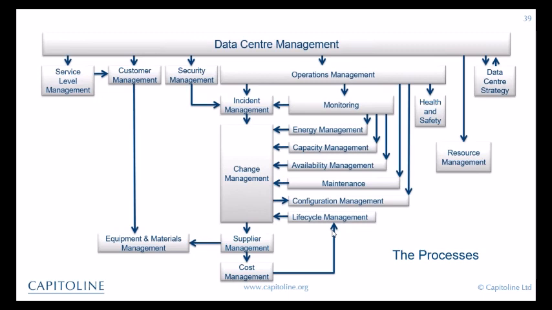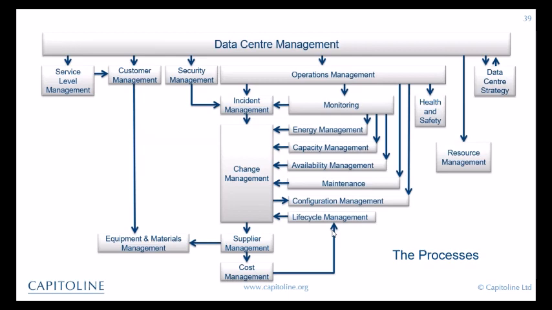But key to this course is covering all of the processes that you should have in a data center. And you can see a summary of some of those processes here. But just understanding the headline titles for these processes doesn't tell you everything. In the course, we cover the key issues that should be captured within your process.